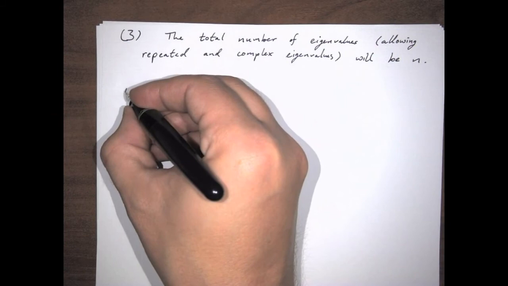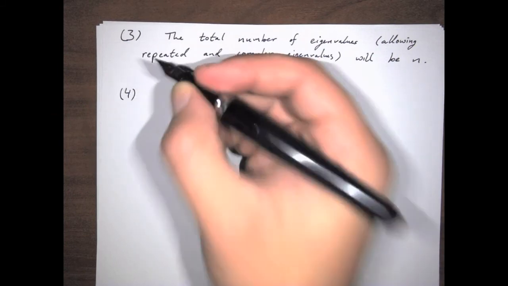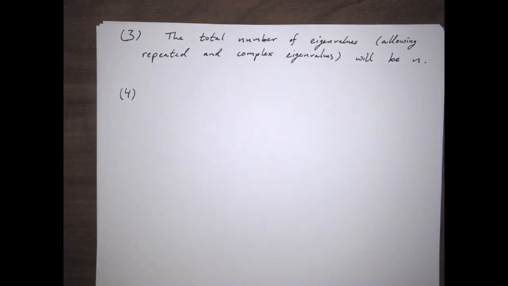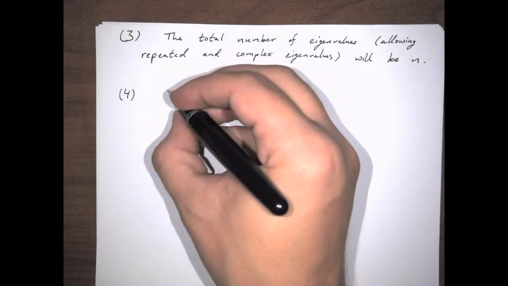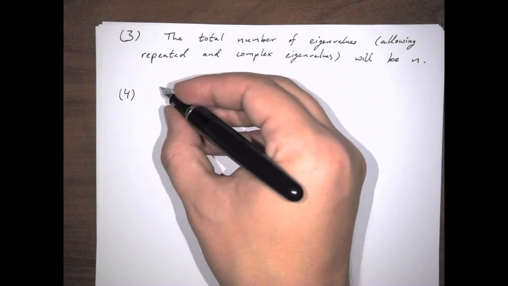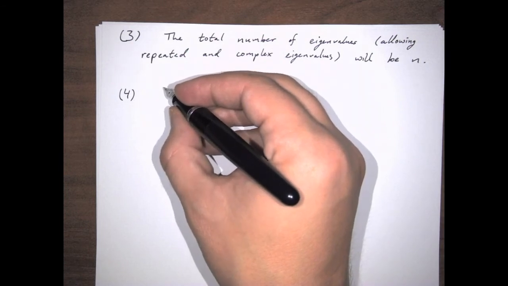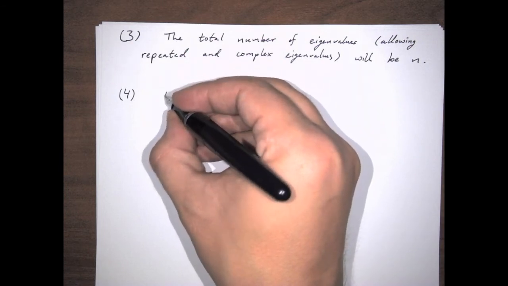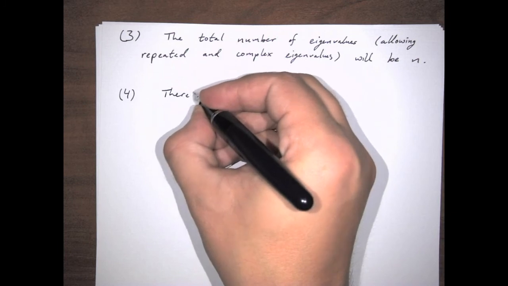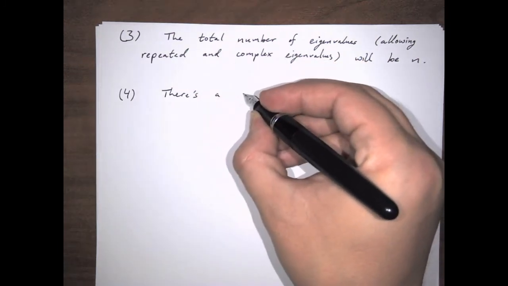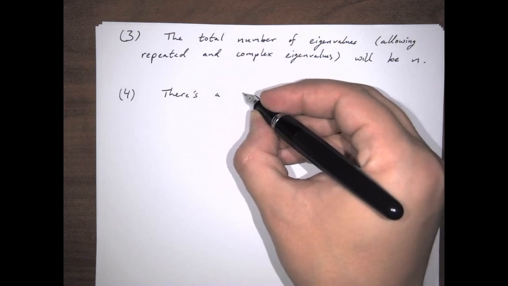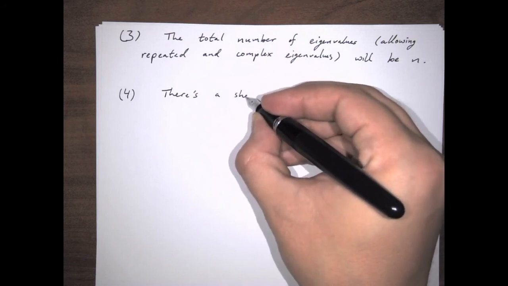All right, and then fourthly, because of the way things shake out in a 2x2 case, where things are always simpler than in any other case, we can come up with a shortcut for the characteristic polynomial.